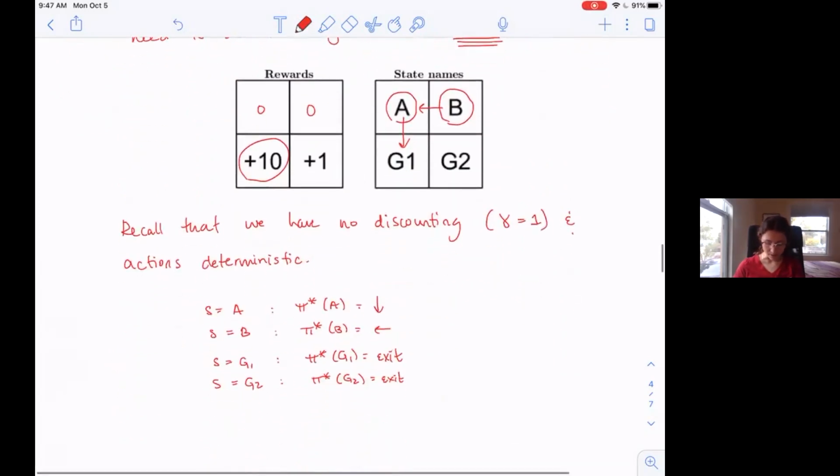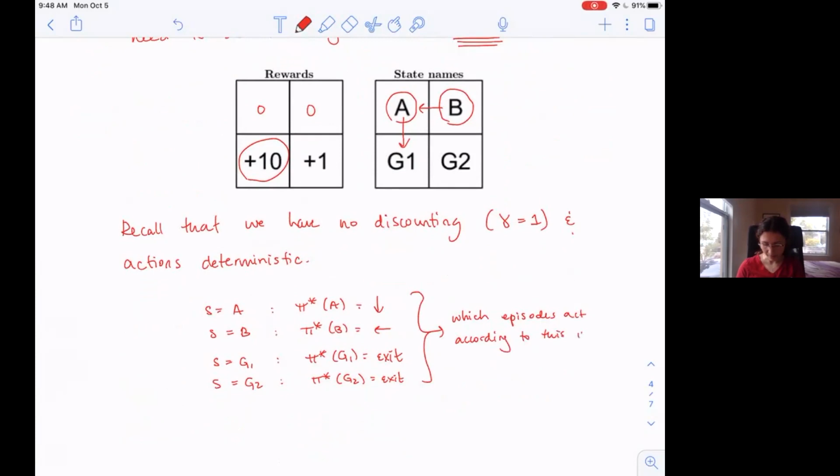So now our question is, which of the episodes act according to this pi star? Because if we observe those samples from those episodes, then we know we're going to be able to reconstruct V star of s after running temporal difference learning infinitely often.